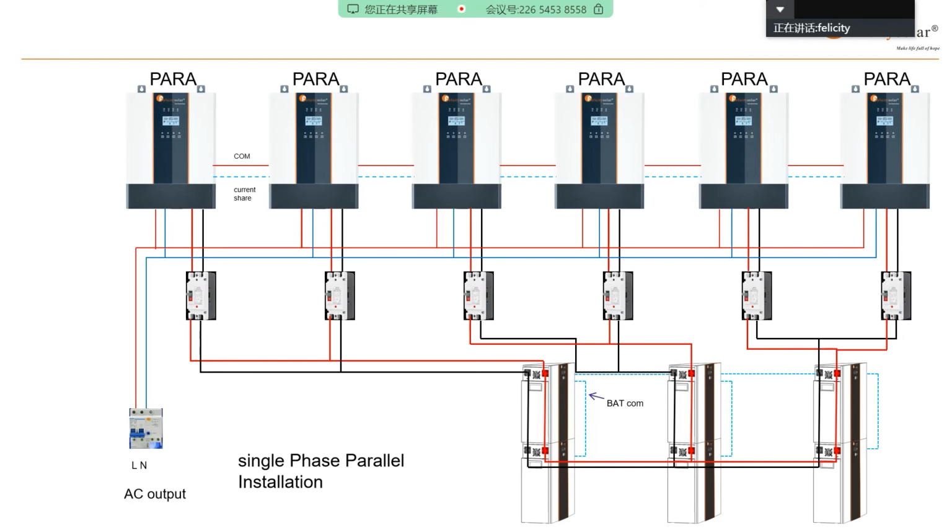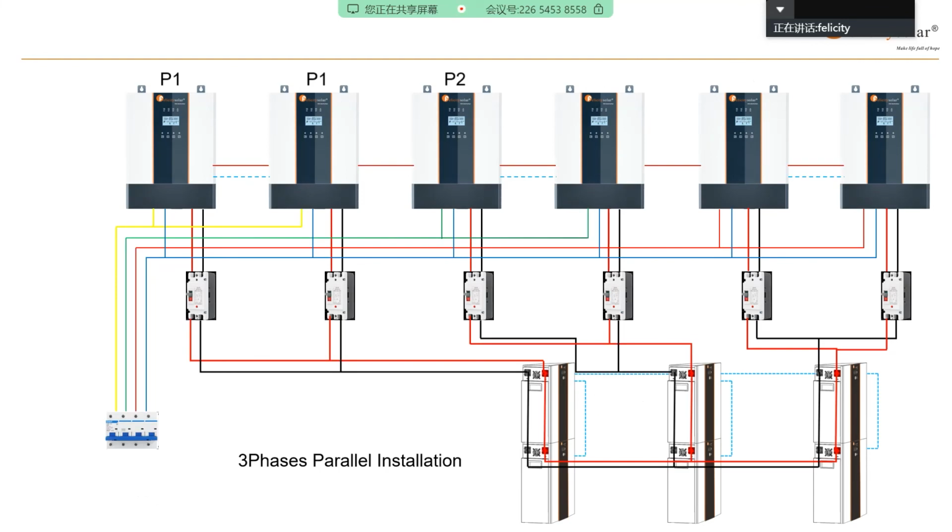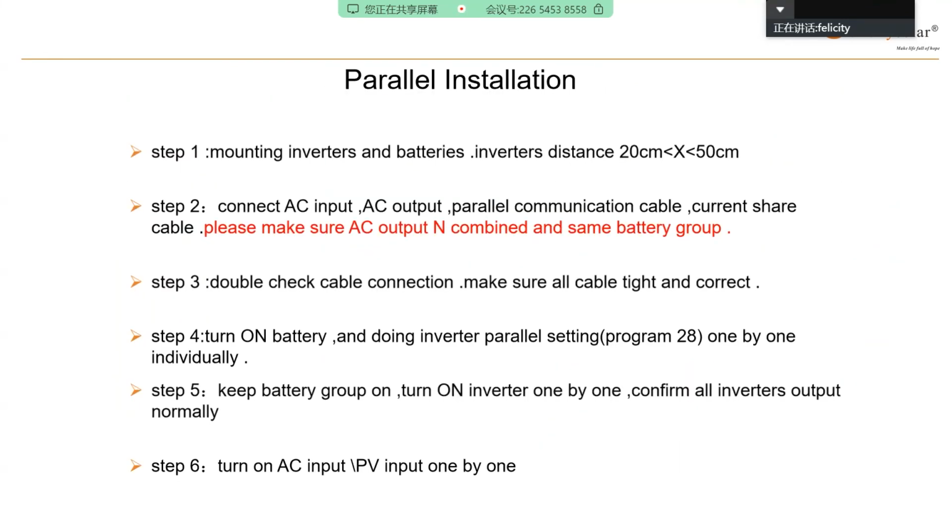So here it is showing that if you don't know how to do the parallel installation, you can follow this video and follow these steps: step 1, step 2, step 3, step 4, 5, 6, and refer to the user manual.